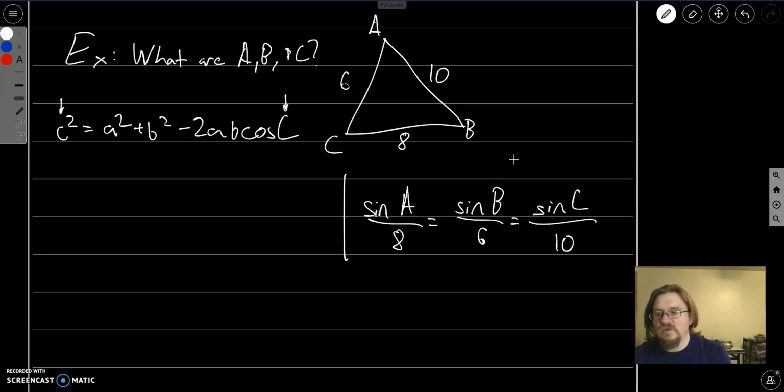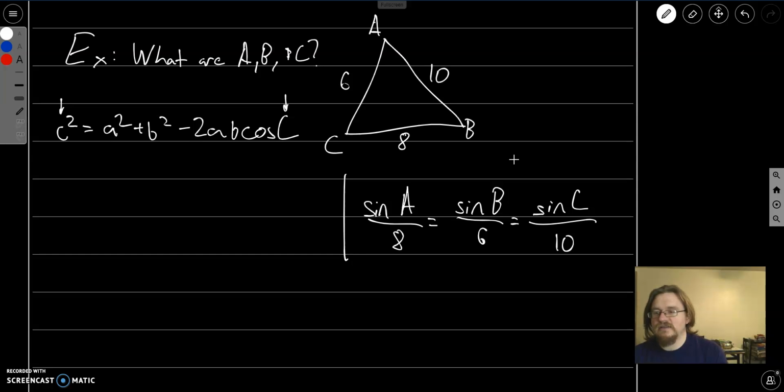Well, we know what little c is, that's going to be the side length opposite c. We know what a is. We know what b is. We can solve for c quite easily. So let's plug everything in and solve for this cosine.